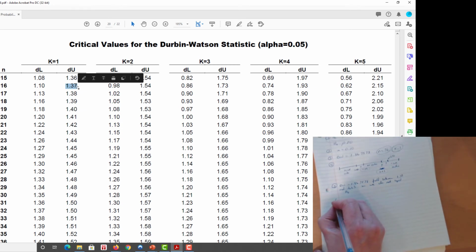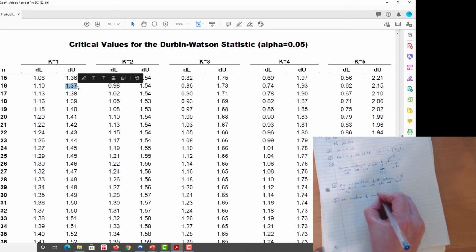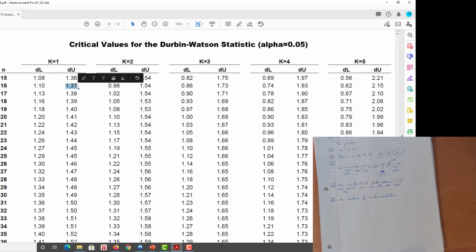And so in step 6, say no evidence of autocorrelation. If you want to get really technical, and I probably should, no evidence of first order autocorrelation. But our theme so far in this course is we're trying to minimize a little bit of the stat speak in that step 6. Hard to do when you use the word autocorrelation.